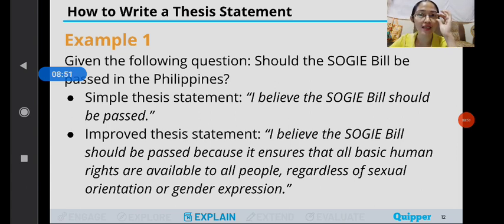That's the stand. He or she is showing approval of the SOGI bill. It makes a claim that can be disputed. It can be argued, it's open for argument, right? And it answers the question of why the author is showing approval of the SOGI bill.